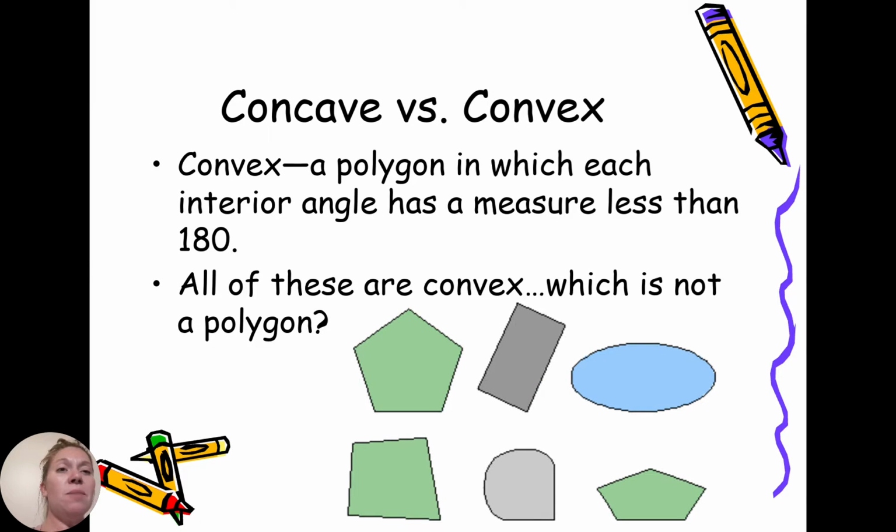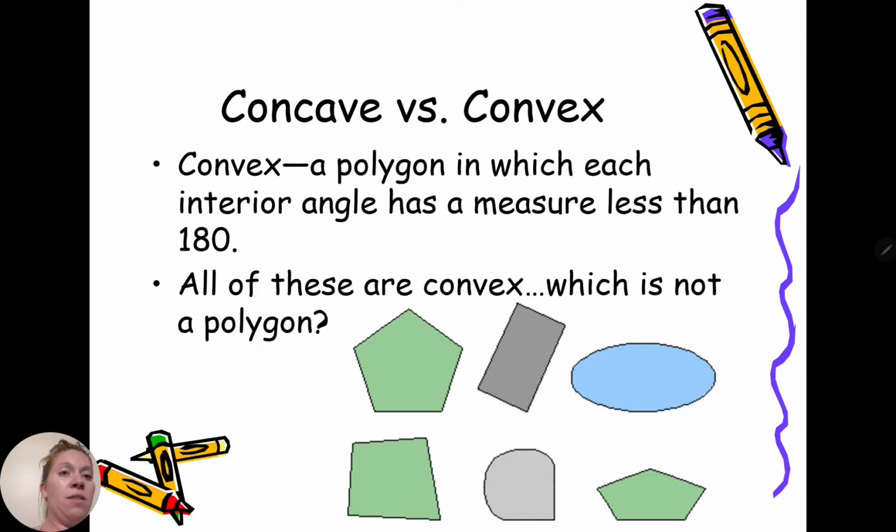All right, now we got to talk about concave versus convex. A convex polygon is a polygon in which each interior angle has a measure that is less than 180 degrees, right? Again, these are going to be your pentagons, your squares, your triangles, your rectangles, things that we are used to seeing.